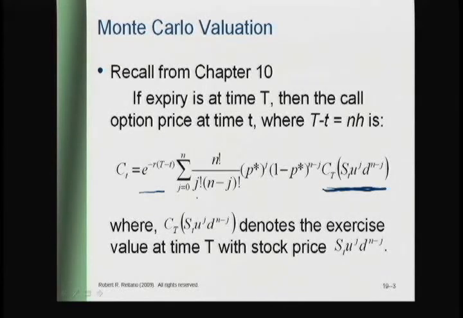And then we have the binomial coefficients, the combinatorial factor n choose j, as well as the risk-neutral probabilities, and notice that the exponent of p star is the same as the exponent of u, because every up step occurs with probability p star, and every down step with a probability of 1 minus p star. So the exponents follow in this formula.